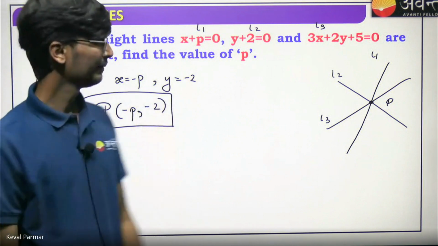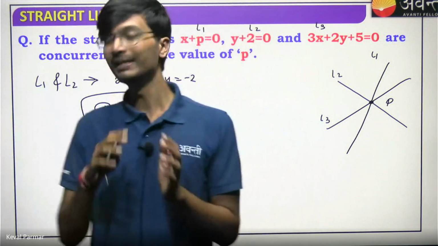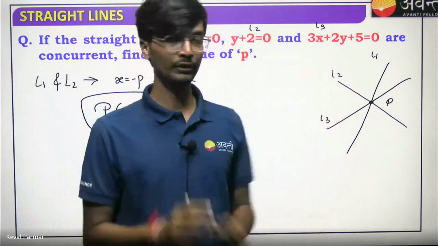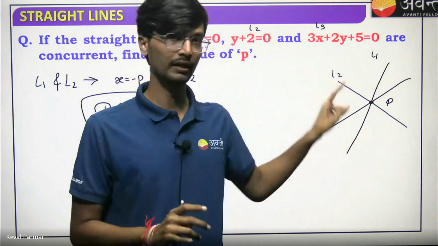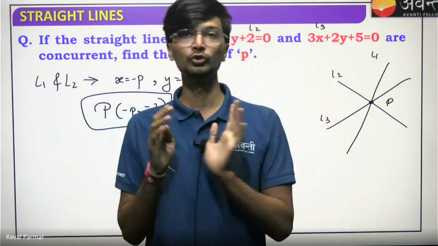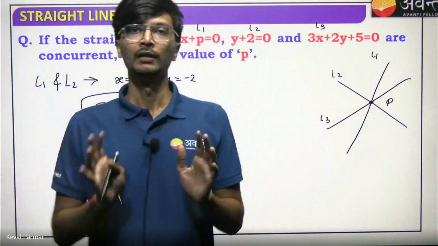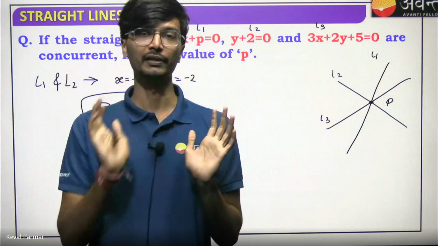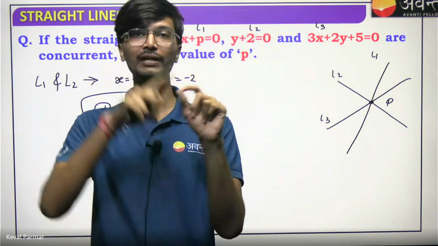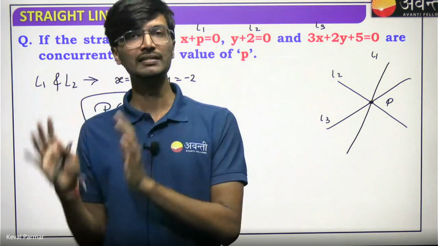Now, let me tell you one more thing. There is no need of solving the other two equations simultaneously, because if these lines are concurrent, L3 passes through point P. And if a line passes through a point, then that point will satisfy the line.